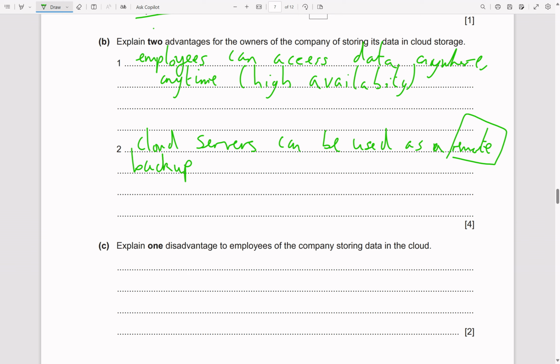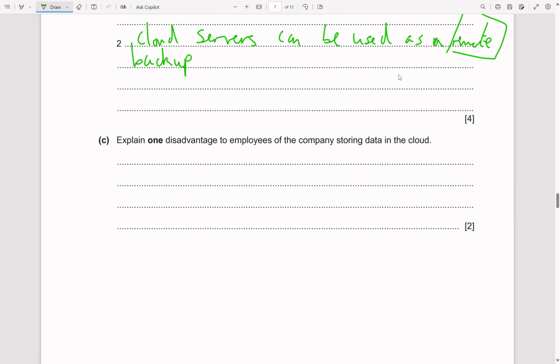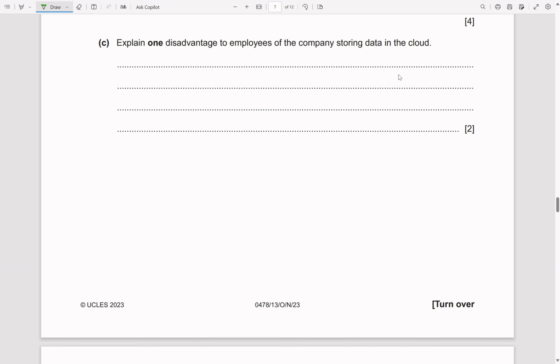So yeah, that's why it's good to have redundant copies in different physical locations. Although again, of course, that is going to be expensive.